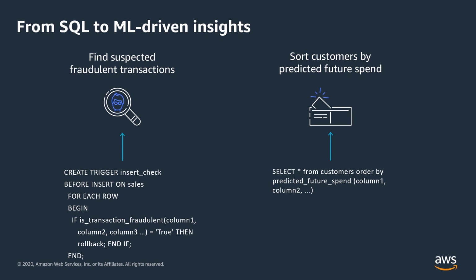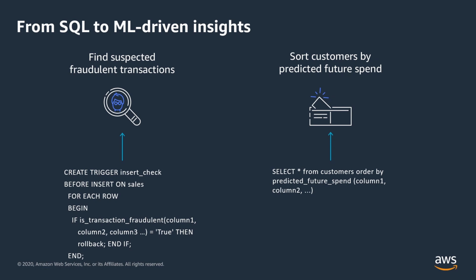What you can do is create a trigger, and this trigger basically sends the data that's being inserted back to the machine learning service. Let's say you have a model that can look at this data and make a prediction whether this is a fraudulent transaction or not. And if it is a fraudulent transaction based on machine learning prediction, then you don't insert it into the table, or you just keep it aside for processing later.